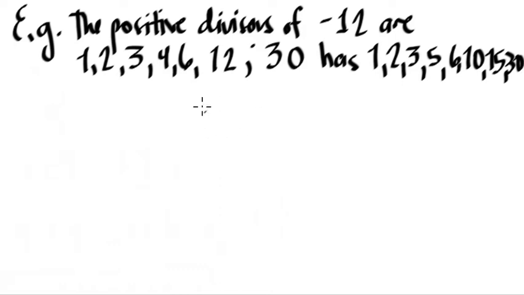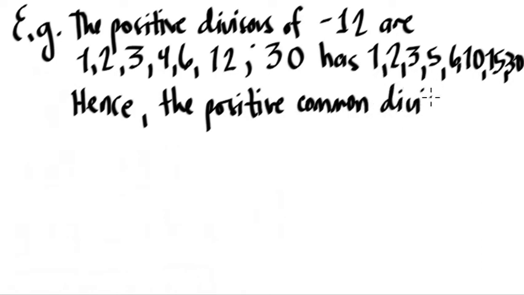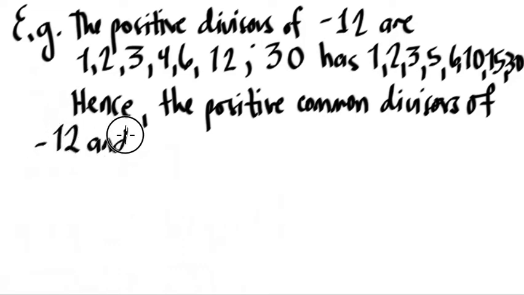Hence, since we have minus 12 and positive 30, the positive common divisors of minus 12 and 30 are, so what are those which are common to both negative 12 and 30? Only for the positive divisors.